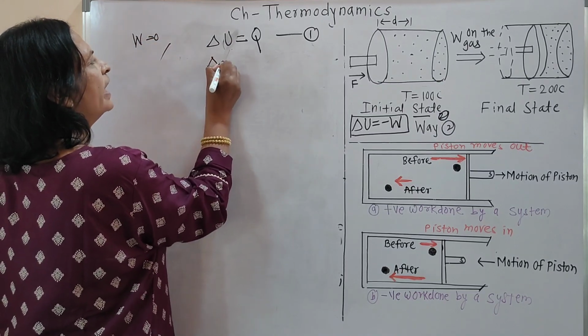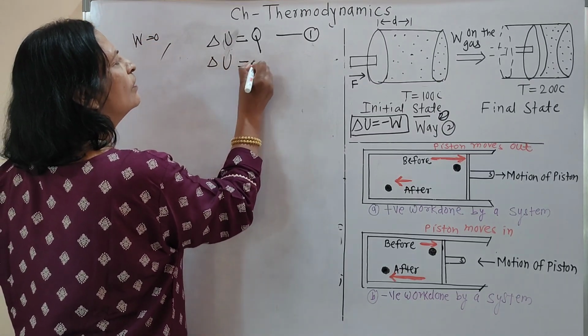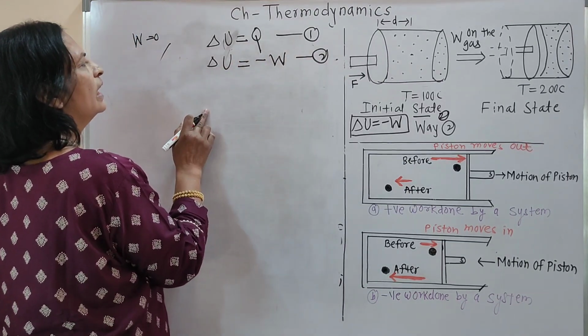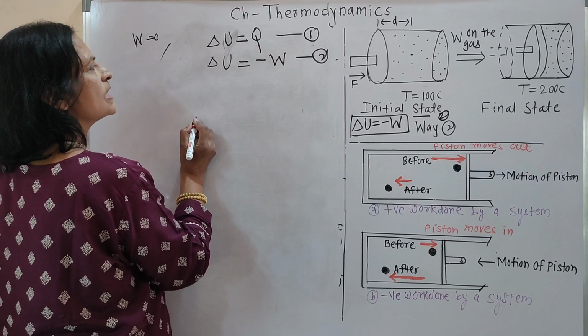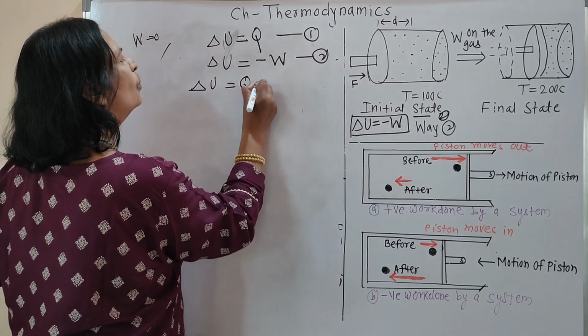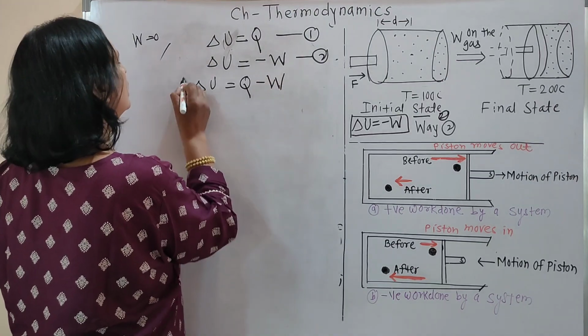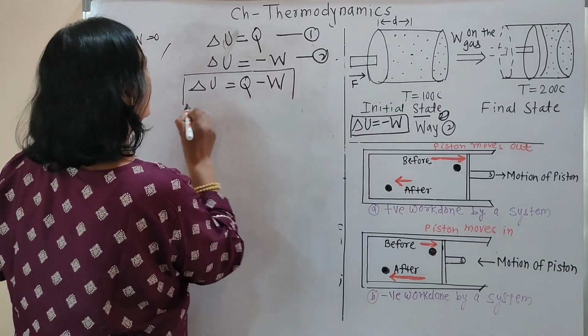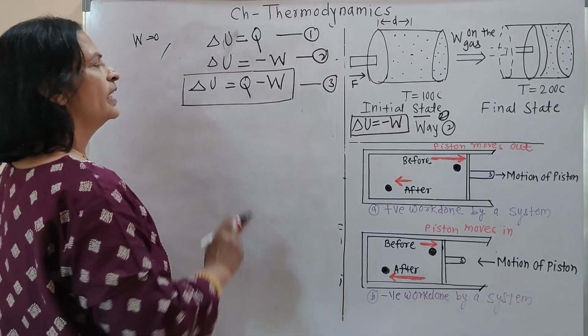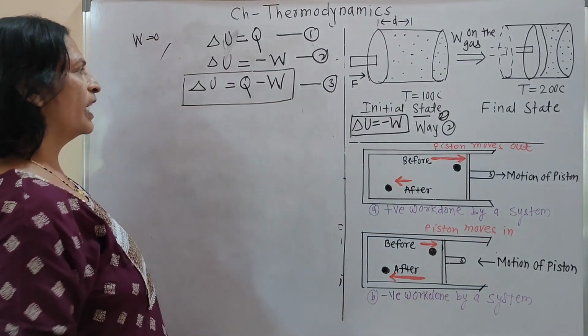And the second way, delta U equals minus W, is the second way to increase the internal energy. Combining these two equations, we can write delta U equals Q minus W. This is equation number 3, and that is nothing but the mathematical statement of the first law of thermodynamics.